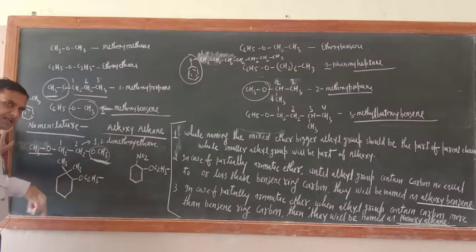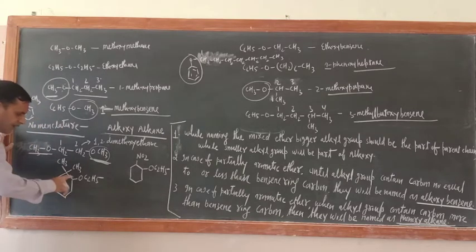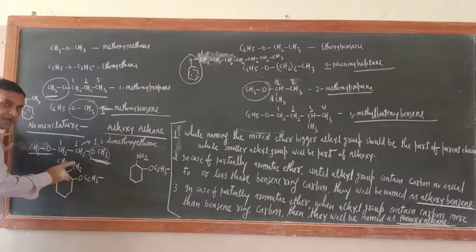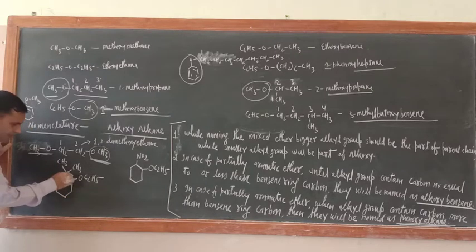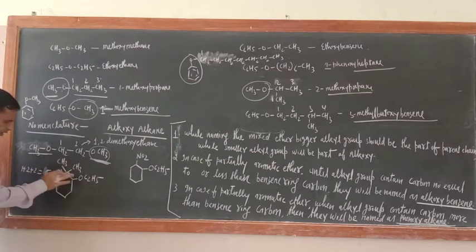If other than the alkoxy group, other functional groups are there, meaning carbon-containing functional groups, then numbering would have started from there. Here, if you start numbering from this one, 1 and 2, then there will be a violation of the lowest sum rule. Just check here: 1 plus 2 plus 2, total 5 is coming.